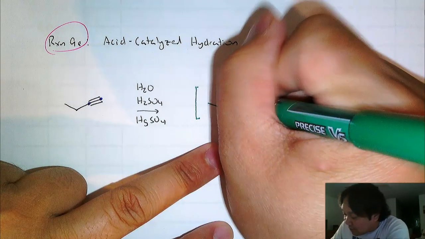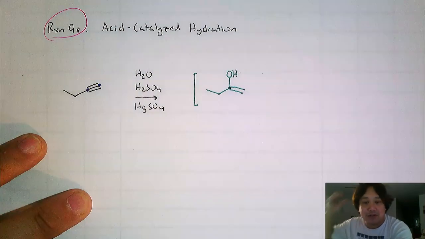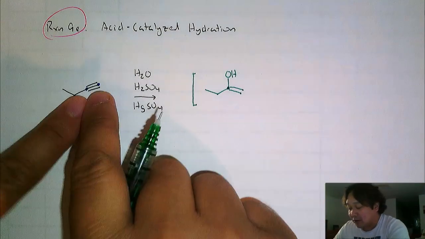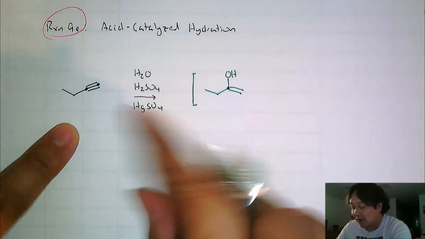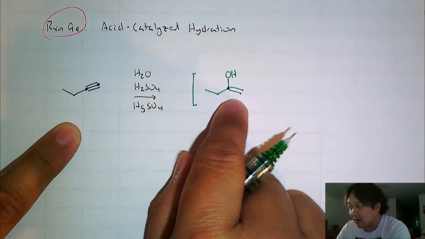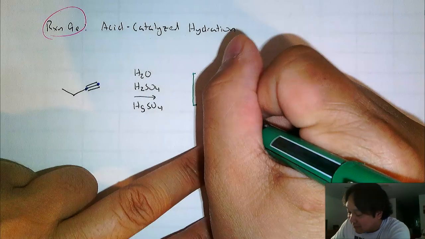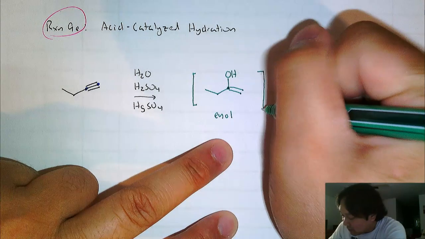If that's not familiar, you do have to review acid catalyzed hydration of alkenes. With an alkene, right, normally you'd go from a double bond to a single bond and make the alcohol, right? Here we went from a triple bond down to a double bond, but we still have the alcohol. What do you notice about this? This is an enol, and it's the intermediate.